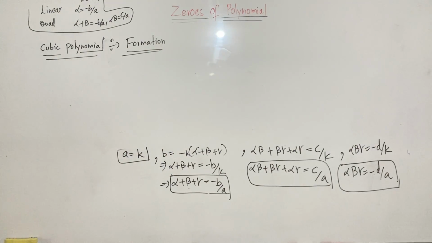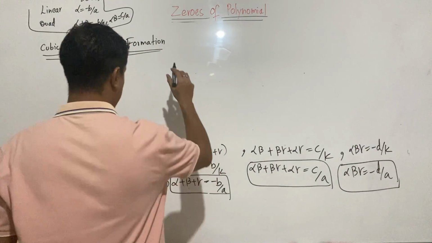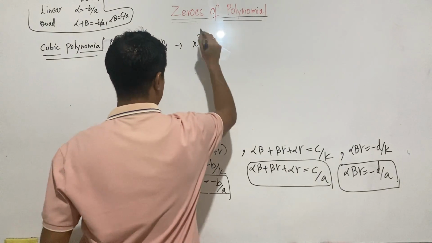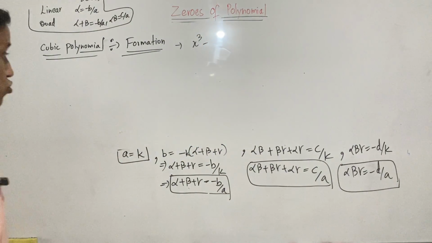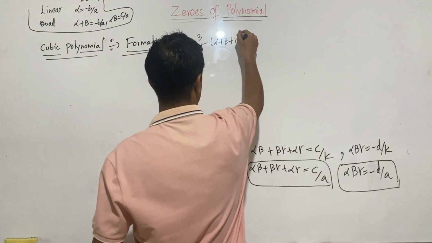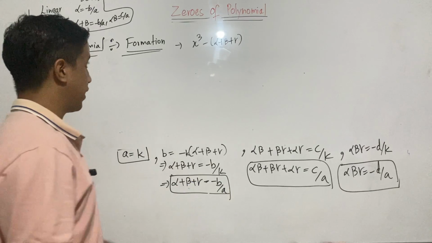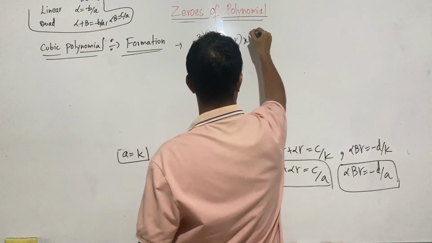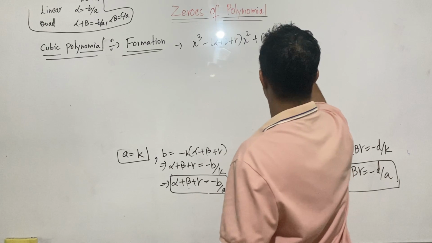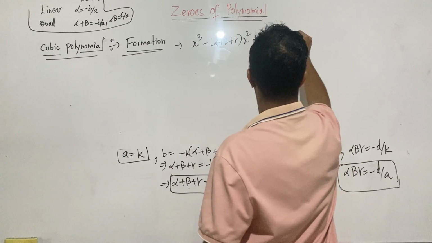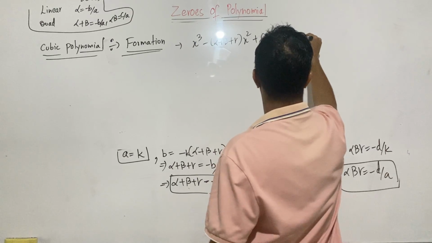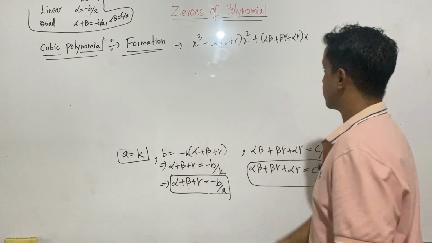So simple, what you can write here is, the formula is x cube minus alpha plus beta plus gamma x square plus alpha beta plus beta gamma plus alpha gamma x, right?